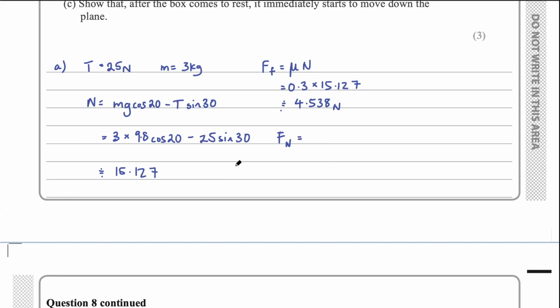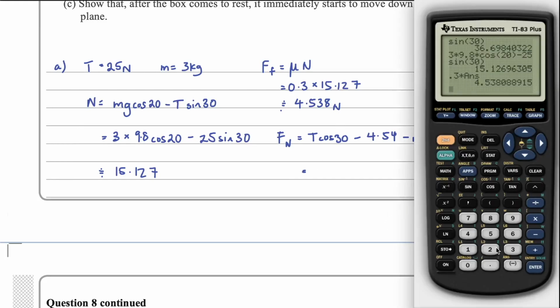This is going to be T cosine 30, which is the force up the slope, subtract the forces acting in the other direction. So the frictional force, 4.54, take the force due to the weight, which is mg sine 20. Okay, let's go ahead and put that into a calculator.